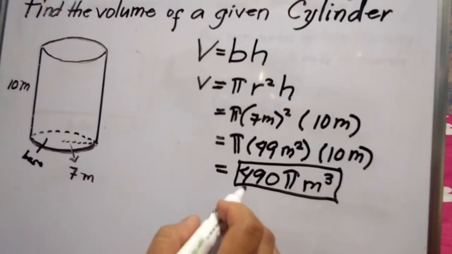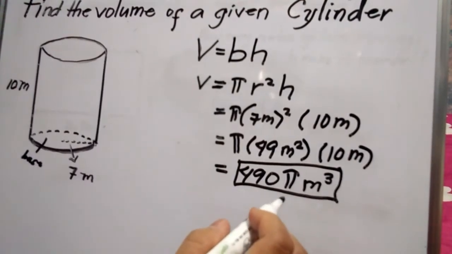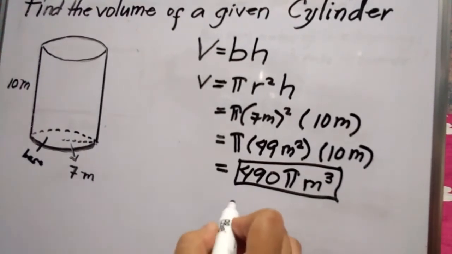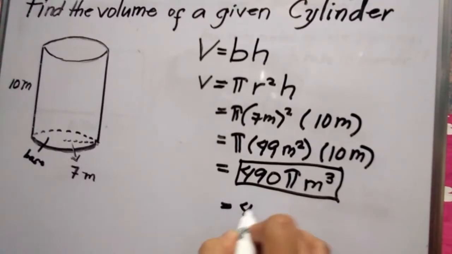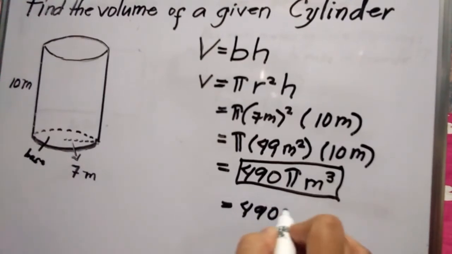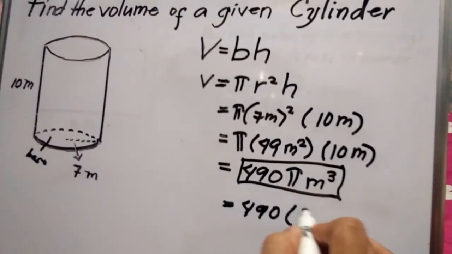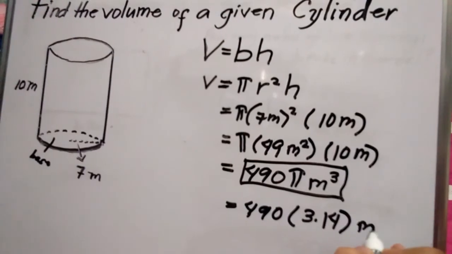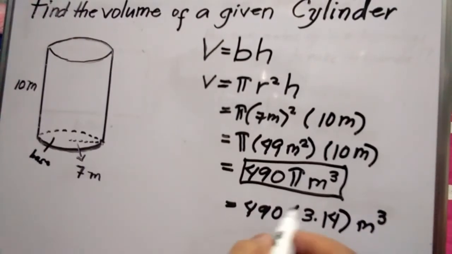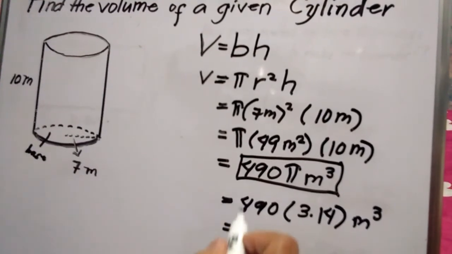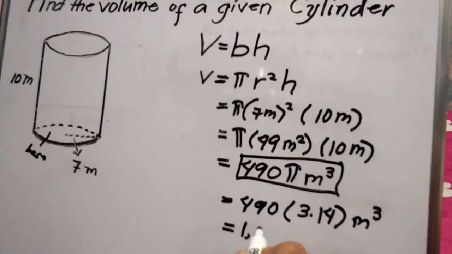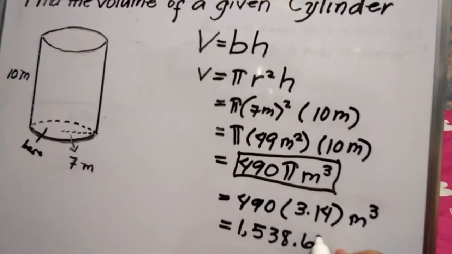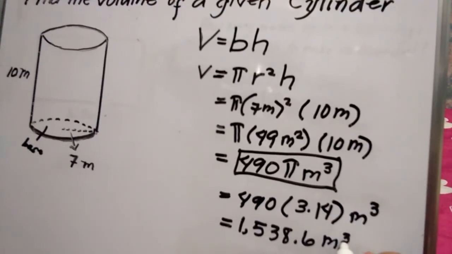Next, remember that pi is approximately equal to 3.14, so we can plug 3.14 in for pi, and we have 490 times 3.14 cubic meters, which is equal to 1,538.6 cubic meters.